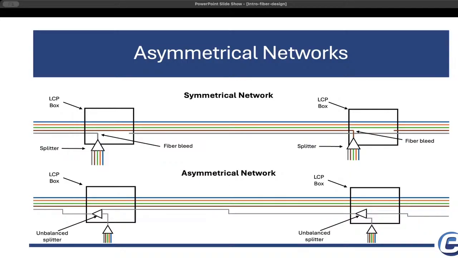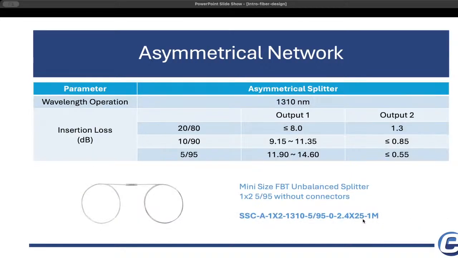You have 5 to 95, 10 to 90, 15 to 85, 20 to 80, that type of splitting, but you don't really break the chain here. You can use an unbalanced splitter here, continue with your network, and then split the cable again further down the line.